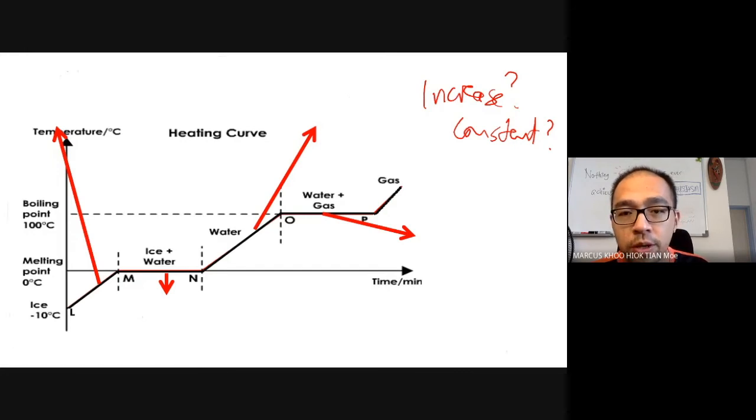What about NO and OP? NO increase, and OP is constant. Very good. We know this because you can see this is going from -10 to 0, so obviously the temperature increases here.